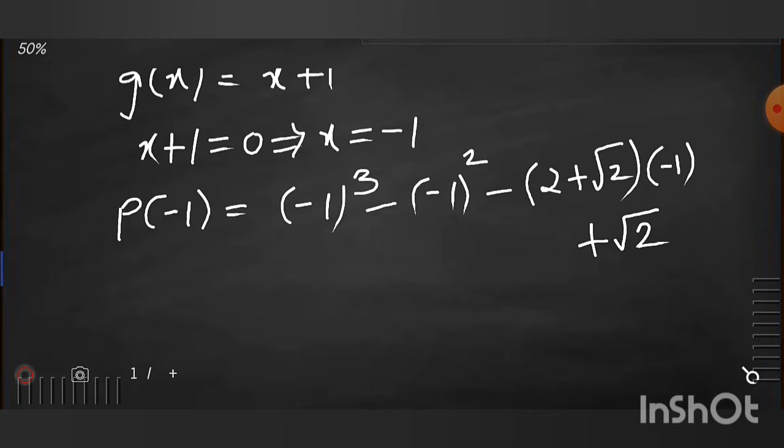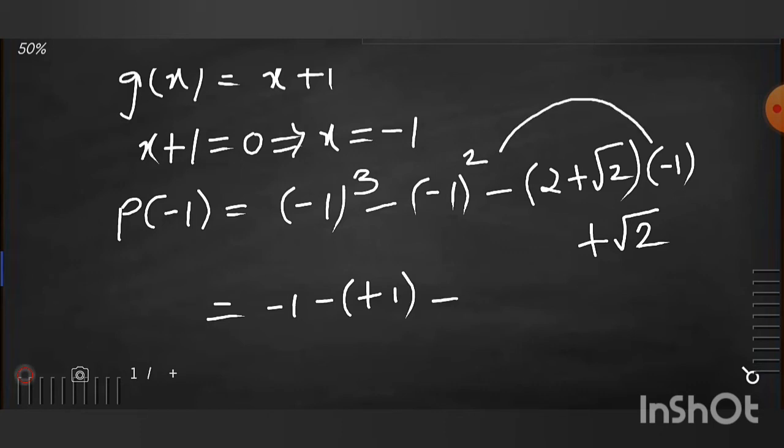So after simplification we get minus 1 cube is minus 1, minus of minus 1 square is plus 1, minus into minus gives us plus 2, 1 into 2, 2, and 1 into root 2 gives us plus root 2, plus root 2.